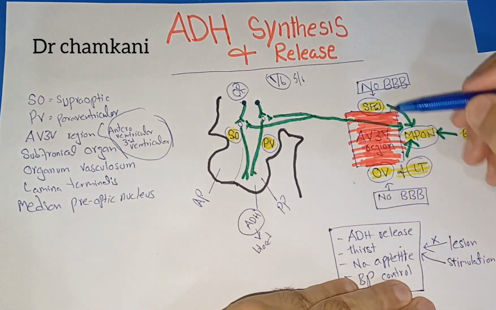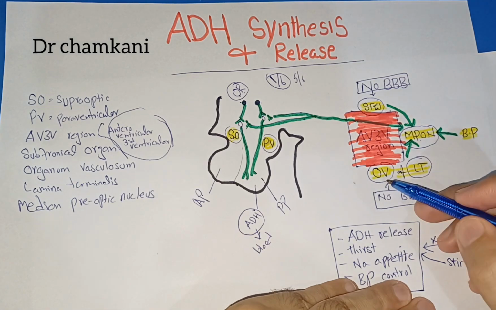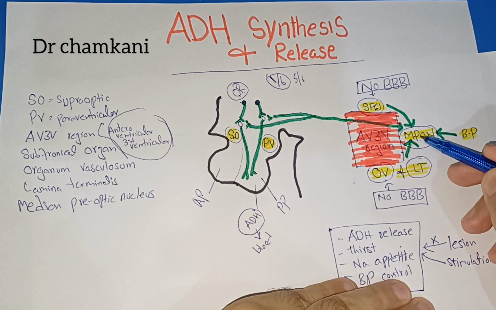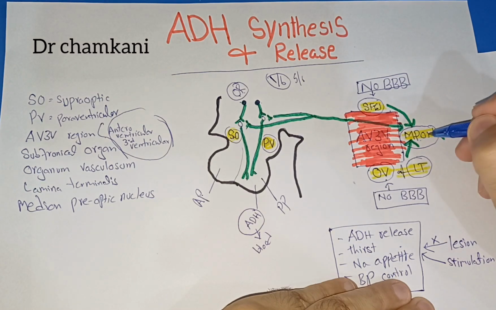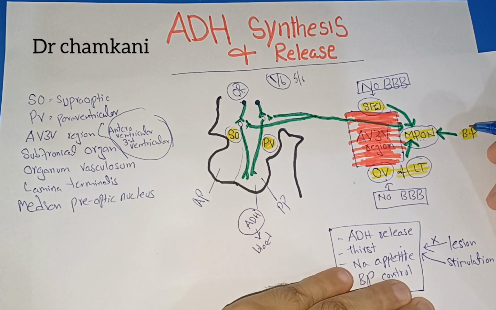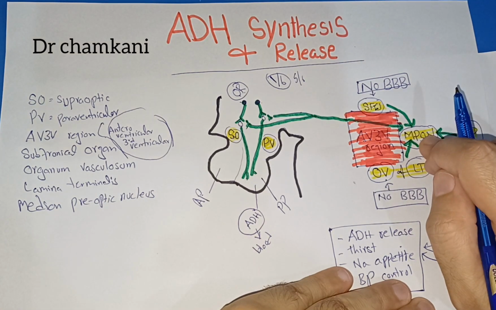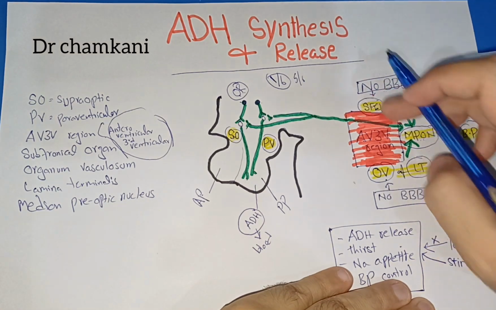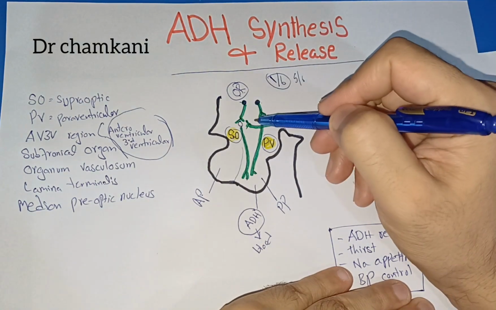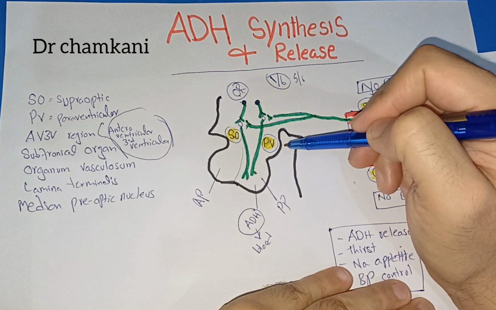Signals from the subfornical organ and organum vasculosum are going to the median preoptic nucleus, and this median preoptic nucleus is also receiving signals from the centers of brain which are controlling the blood pressure. Now, this median preoptic nucleus is receiving signals from here, there, and from blood pressure center, and it is also connected with the supraoptic nuclei.